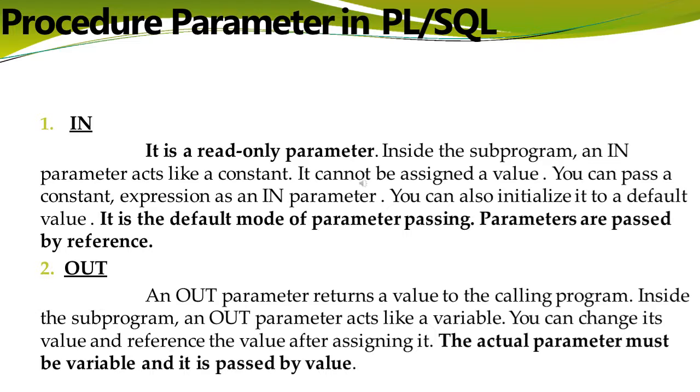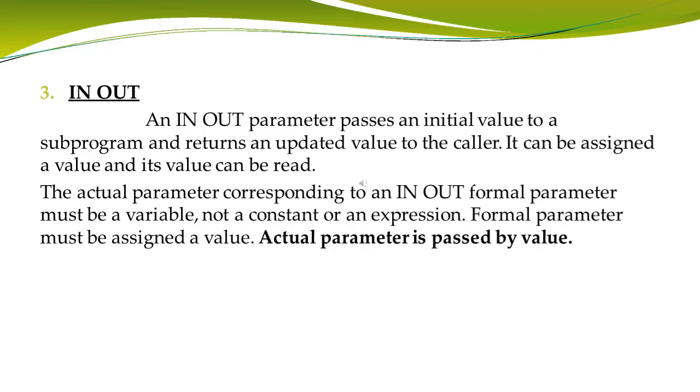An OUT parameter returns a value to the calling program. Next is IN OUT. An IN OUT parameter passes an initial value to the subprogram and returns an updated value to the caller.